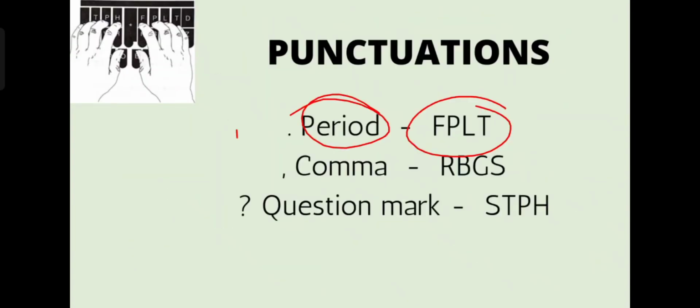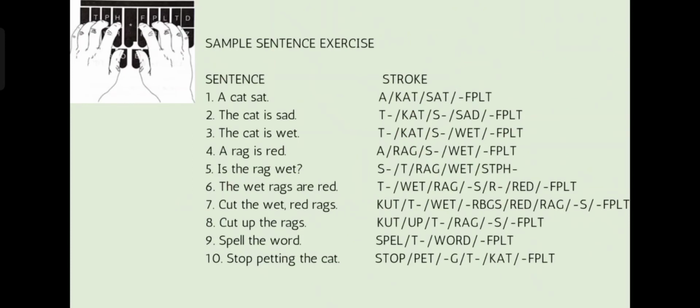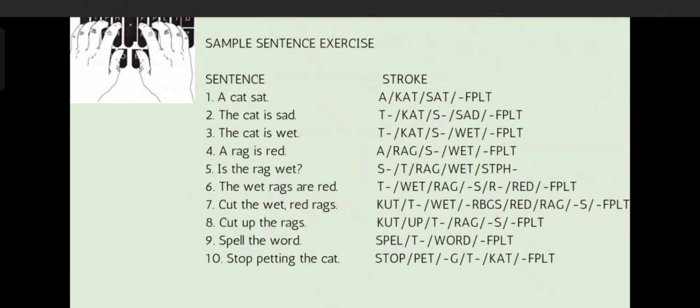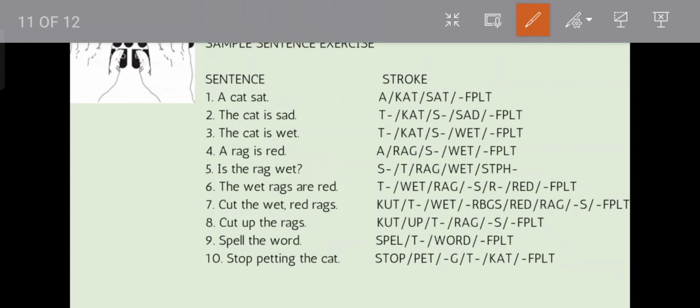So here are the sample strokes. A cat sat. You have to press A first. The slash indicates another sentence. You won't use space, because it automatically moves down. It just looks like a paragraph on your monitor.